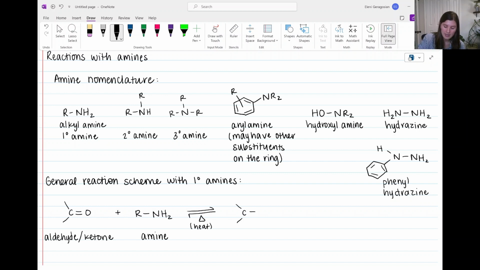It now has a double bond to the nitrogen. And then the nitrogen is bonded to an R group. So the nitrogen is no longer bonded to the two hydrogens, but it's bonded to the R group and double bonded to the carbonyl carbon. And then a byproduct is H2O.